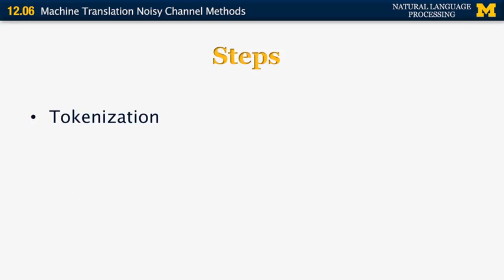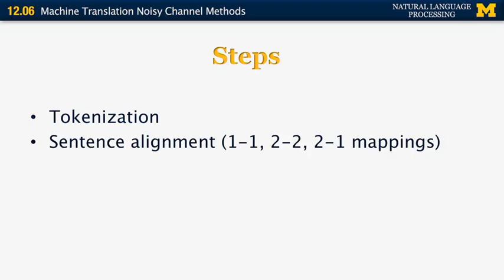Here are some of the steps that we need to undertake in order to do machine translation. We first have to tokenize the input document into words. Then we have to perform sentence alignment. So most of the time we're going to have 1-to-1 alignments, especially in the case of good parallel corpora such as the Hansards, or perhaps 2-to-2, which are relatively rare.